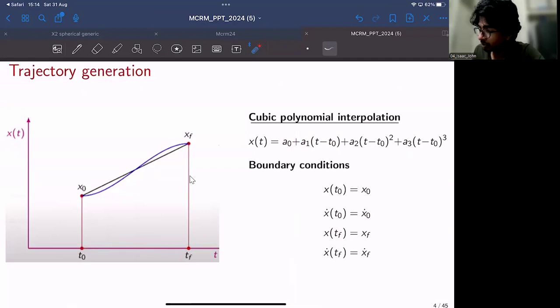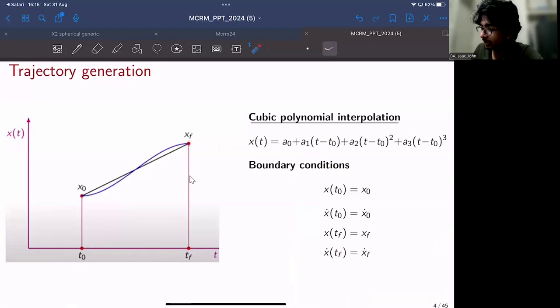In that regard, you can have these boundary conditions. At time t equal to 0, x at t equal to 0 is x0, the initial position. And if you have an initial velocity, x dot of t0 is x0 dot. You will get this expression for velocity if you take the derivative of x of t with respect to time.